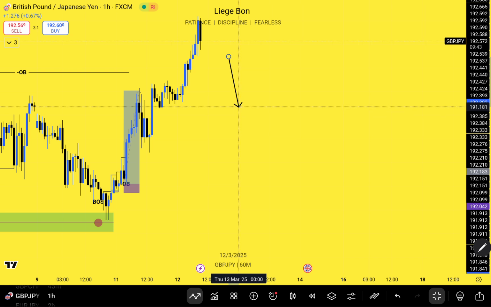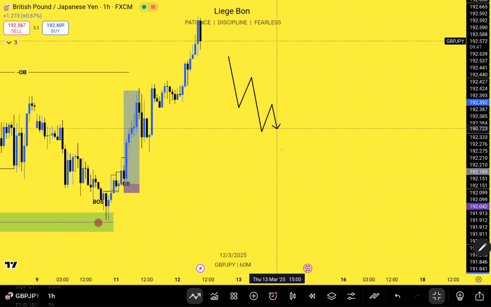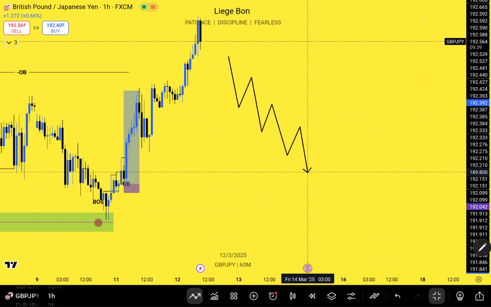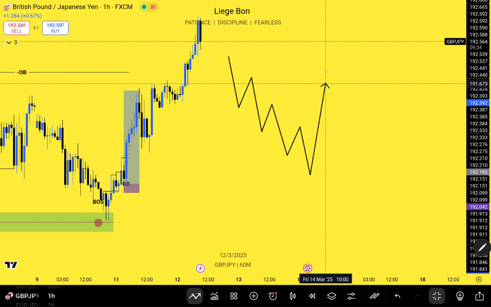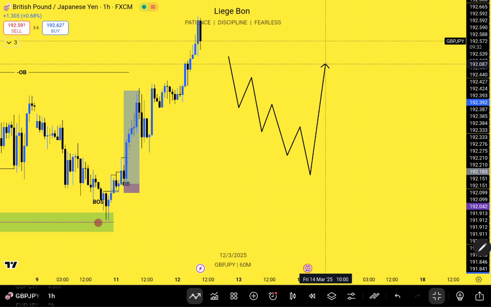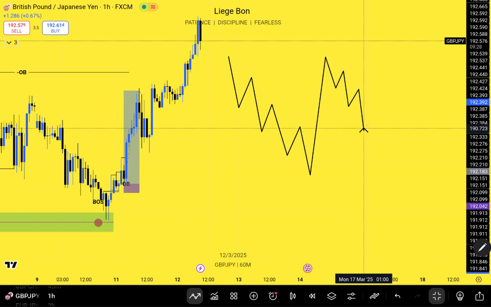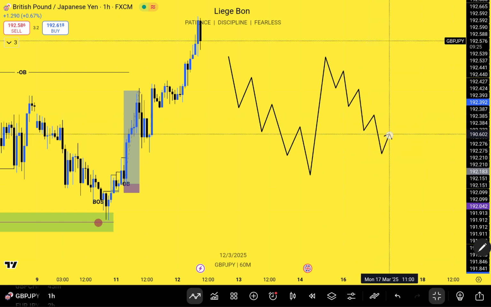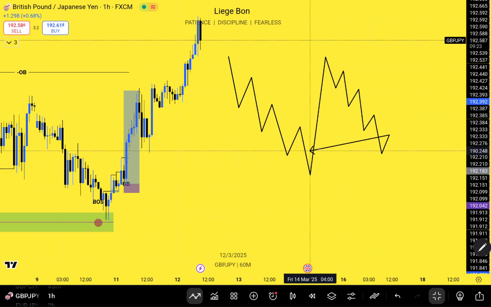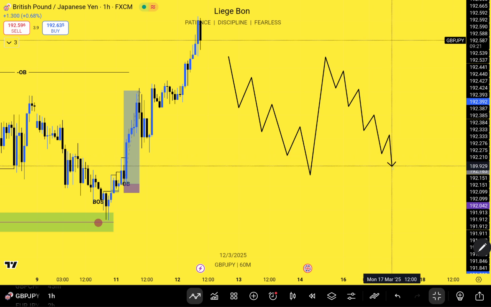We have lower highs, lower lows, let's say on the monthly or weekly time frame. Here we have a shift, this massive impulse, and lower highs start retracing back into a key level, and now we've come into this key level.